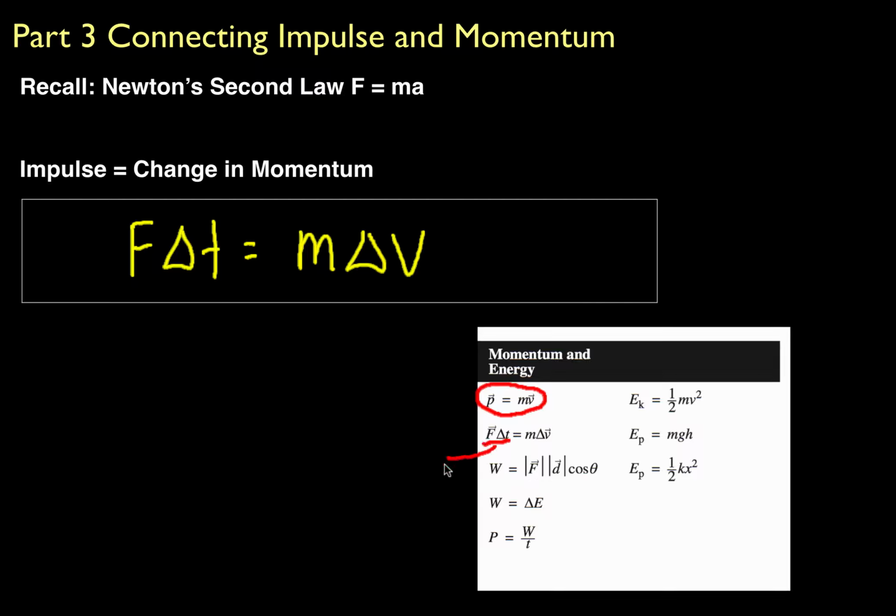So F delta t, impulse, is given there, m delta v, change in momentum, is also listed, but they don't list them individually. It also is useful because it shows this relationship, F delta t equals m delta v, or impulse equals change in momentum.